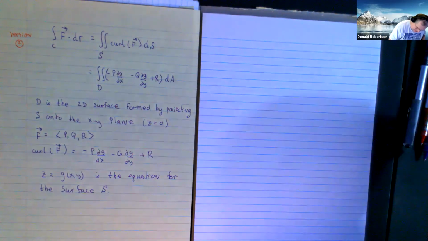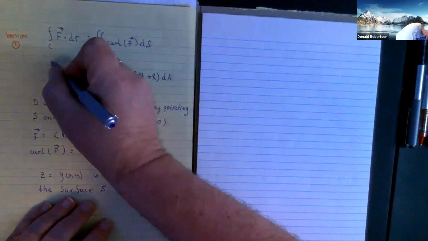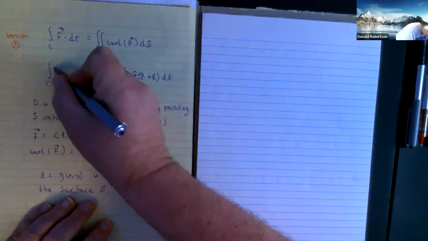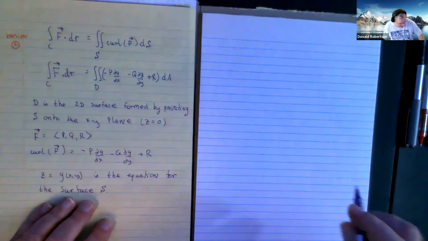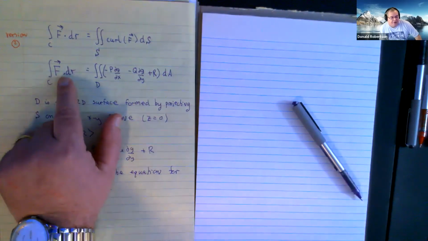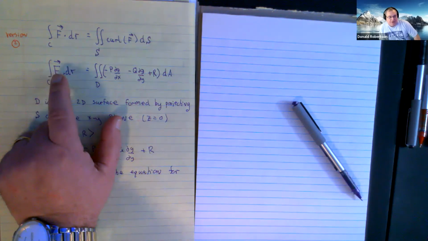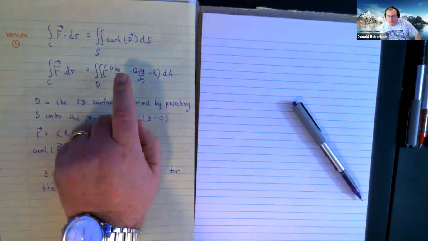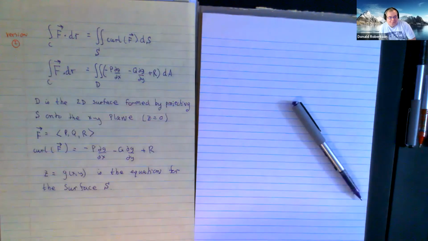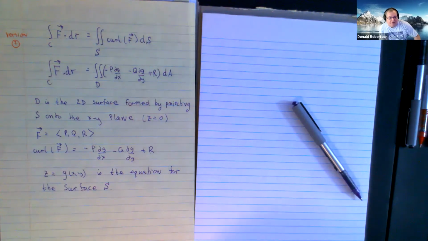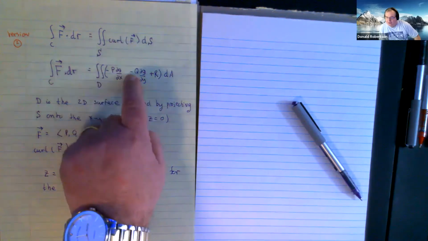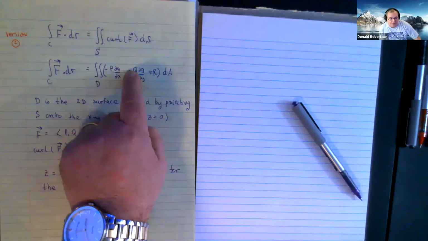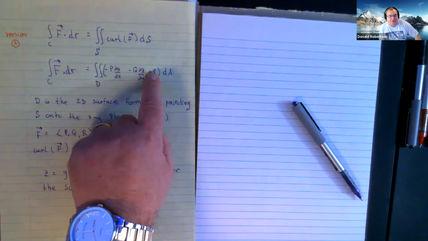Now, the other version of Stokes' theorem essentially says you can change a line integral into a double integral. And do you recognize this ugly thing in the middle is just what the curl of f is? I'm just writing down its formula, right? So the curl of the vector field f is this, right?